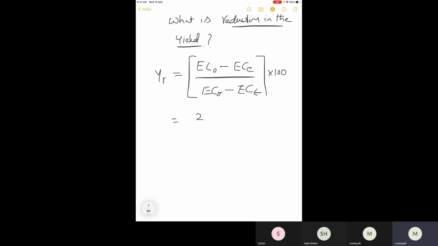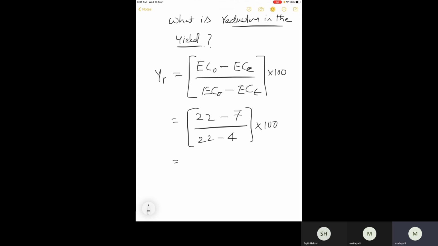EC0 is 22 deci per meter because for EC of 22 deci per meter, the yield will be 0. Minus ECE, that is 7. Okay, that's the soil EC. And divided by, again, 22 minus the threshold, which is 4. If you multiply it by 100, you get 83.33%.